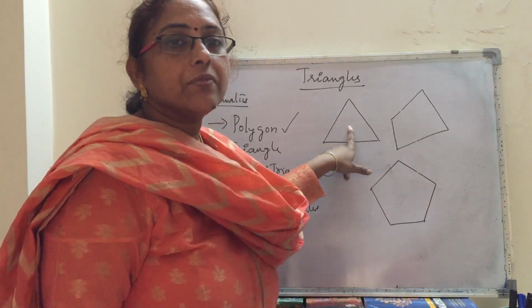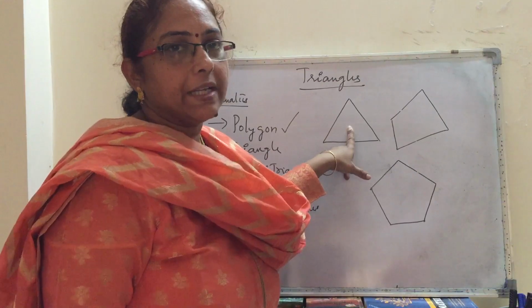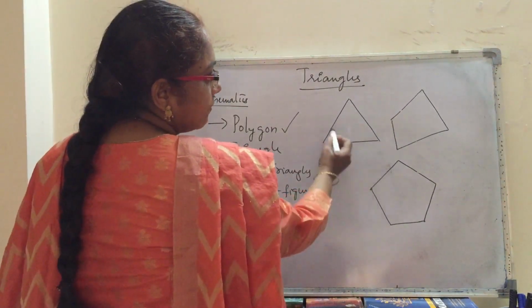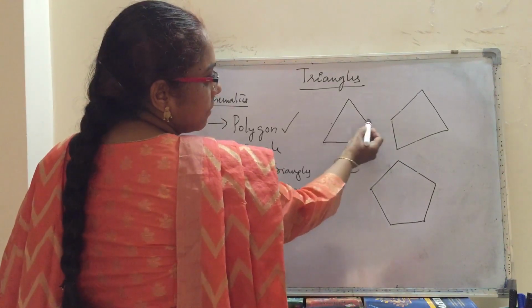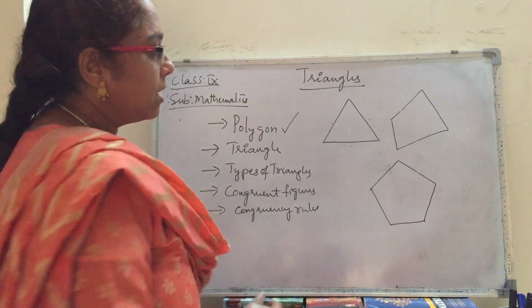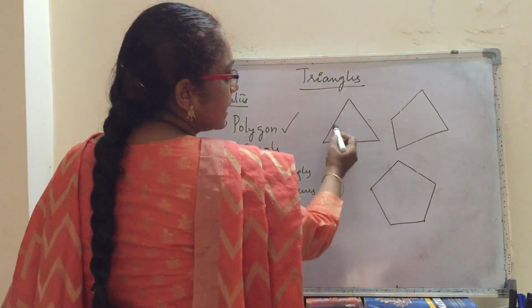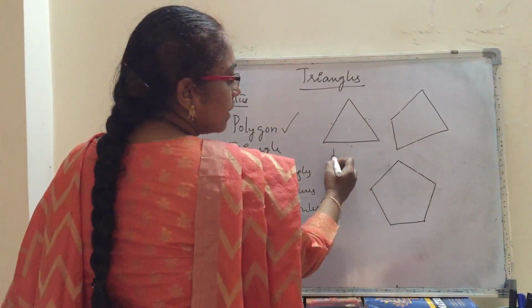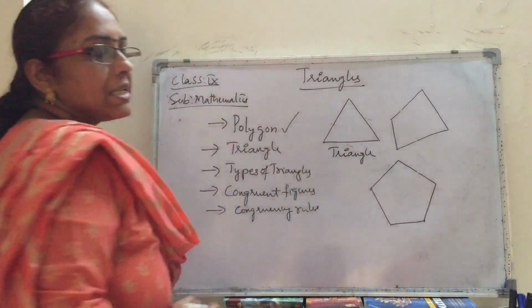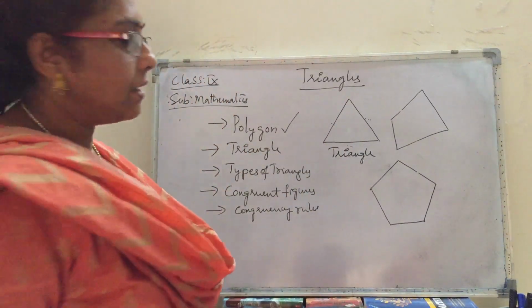The line segments we call the sides of the polygon. 3 line segments means 3 sides. So this is a polygon with 3 sides. What is it called? A polygon with 3 sides is called a triangle.